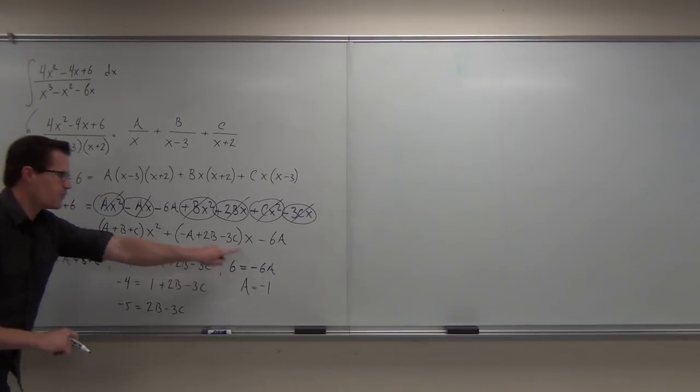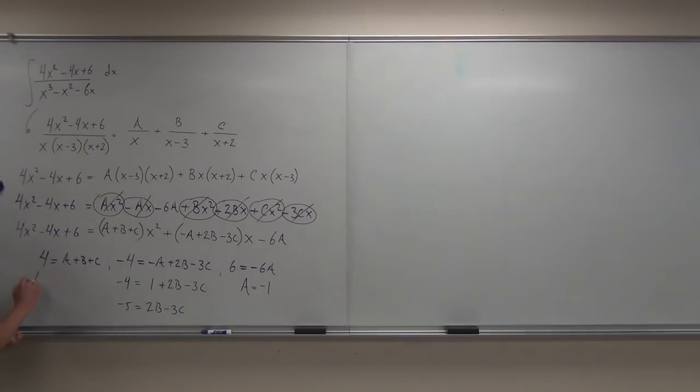Also, here's our negative 1 here. So 4 equals negative 1 plus b plus c. Or if I add the 1, what we end up getting is 5 equals b plus c. Okay so far?